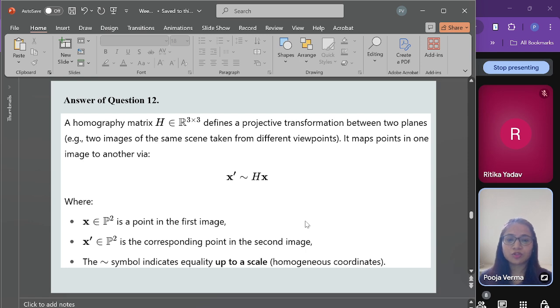That means the homogeneous coordinates are equal up to scale. So a homography matrix H defines a projective transformation between two planes that can be taken from two different viewpoints. It maps points in one image to another by this equation, x prime equal to H of x, up to a scale.